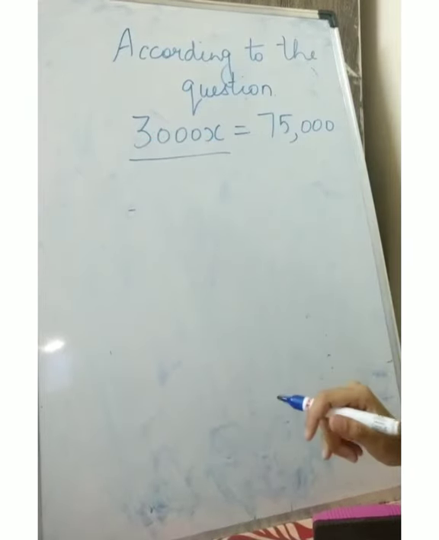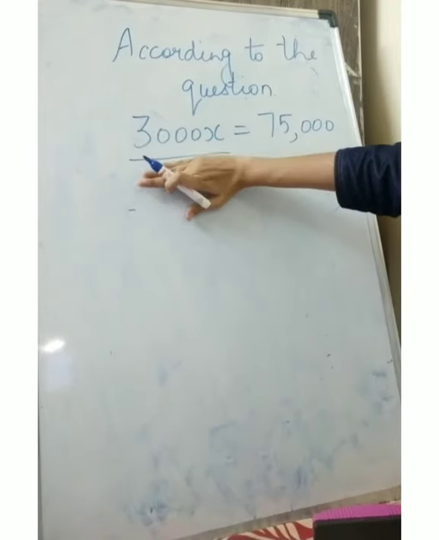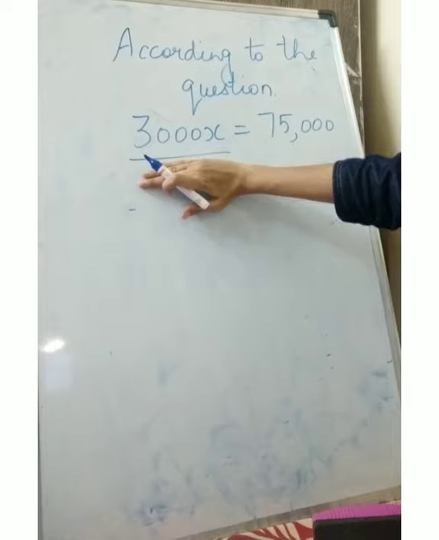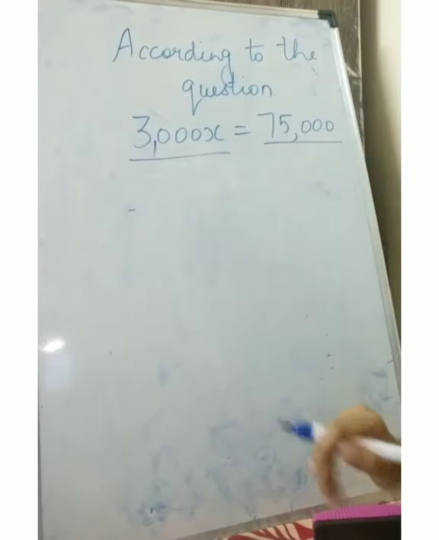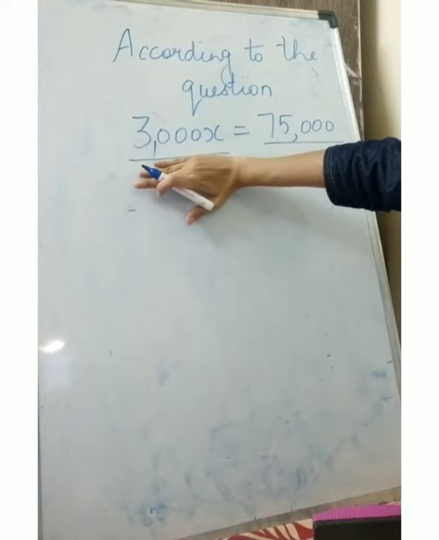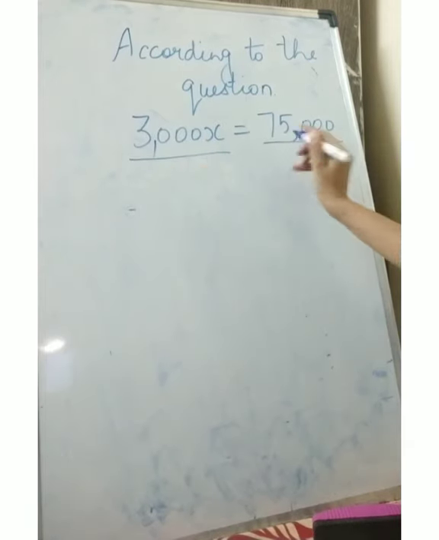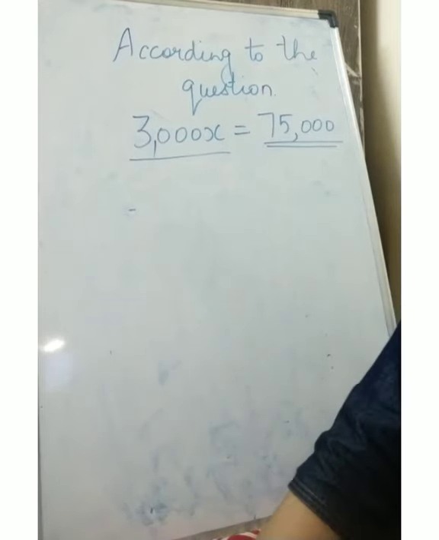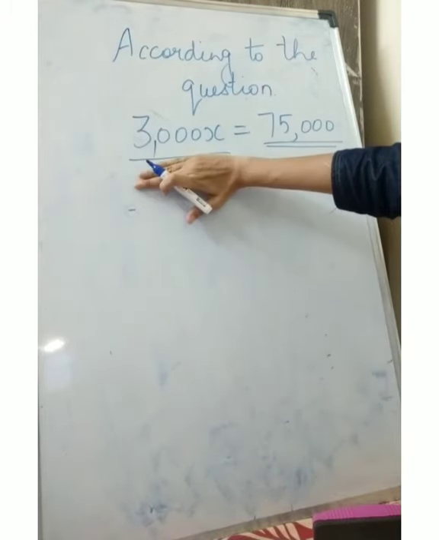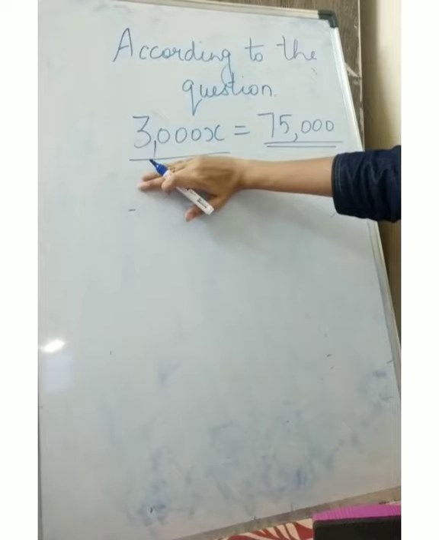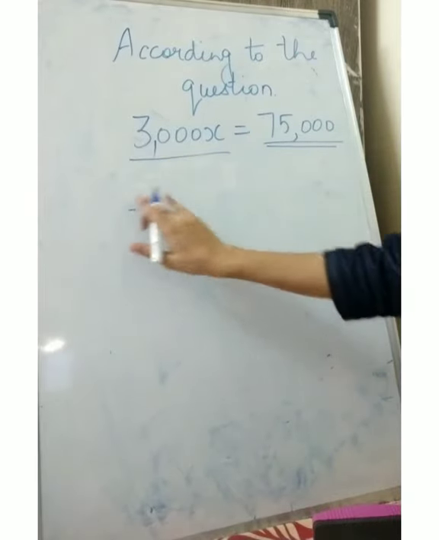Because the total cost of fencing, what we got just now, is 3000x, and 3000x is equal to 75,000. It means for the fencing of this area we are charging 75,000. Who is charging? The village panchayat. It will cost the village panchayat rupees 75,000 to fence the plot. So the fencing of the plot at the rate of 100 per meter is equal to 75,000.